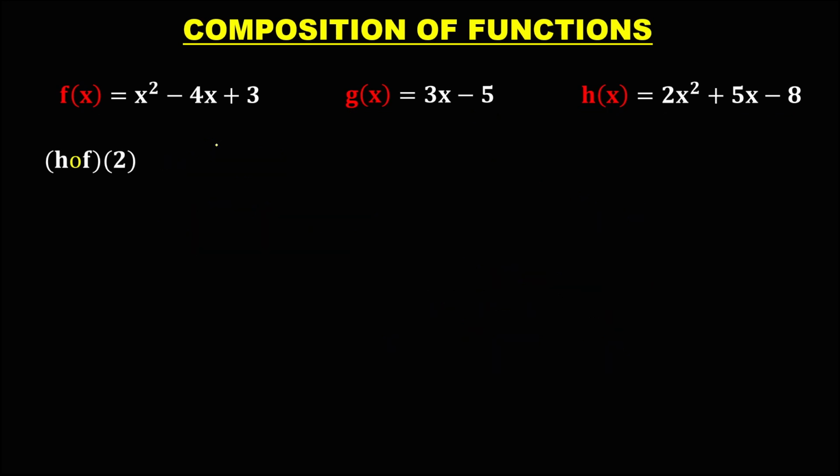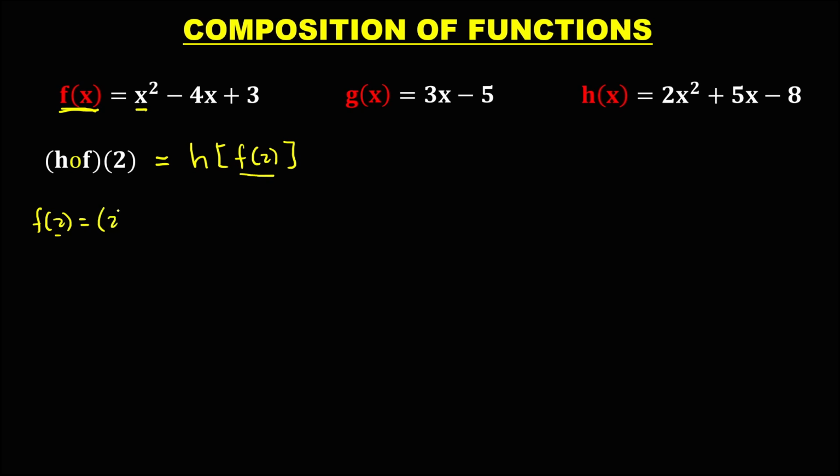Then for this composition, this is equal to h of f of positive 2. So first, we need to find the value for this f of 2 from f of x. So we have now f of 2. So again, from f of x, x is equal to positive 2.